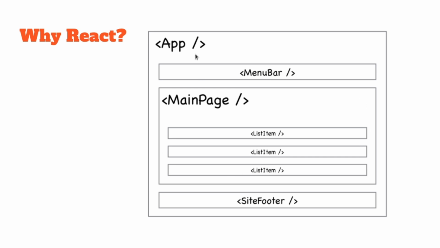The app has three children: the menu bar, the main page, and the side footer. And the main page also has three children, that is list item, and list item. This is how we create components in React. We build each of these components individually and then plug them together in the application.